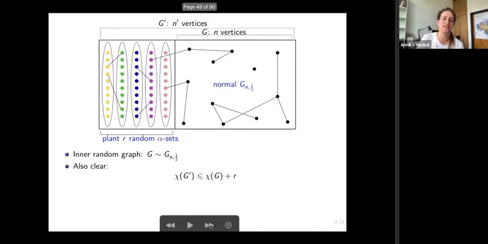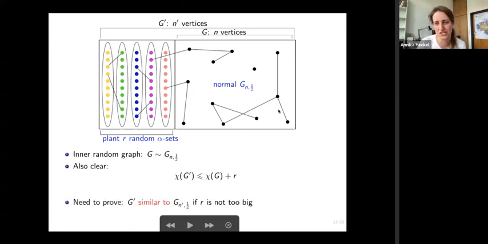It's also clear that in this construction, the chromatic number of the outer random graph is at most the chromatic number of the inner random graph plus r, because as I said, you can give each of these sets their own color. Now the trouble is the outer random graph is not a G(n',1/2), because we've disturbed the distribution by throwing in these extra alpha sets.